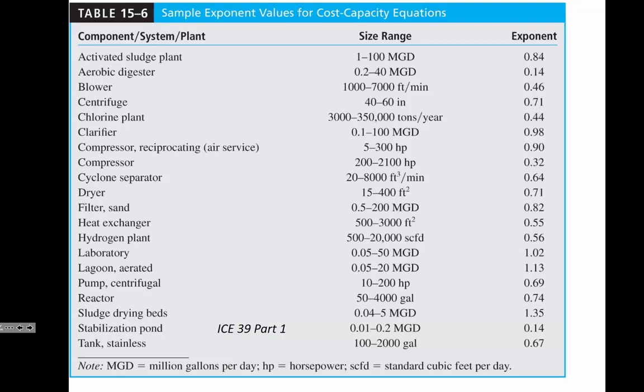And we're going to combine this with what we learned in class last time, which is cost indexes. Remember, when you get cost data in the past, you can use that previous cost data and project it towards today by using cost indexes. And so I've got the formula on the sheet here.